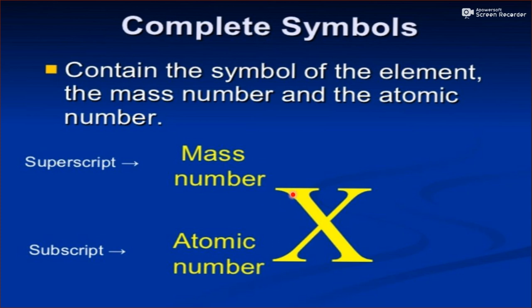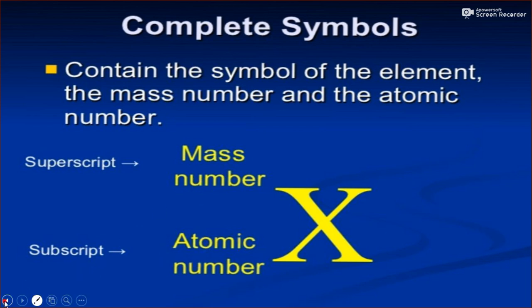So the mass number is to be written at the top. Doesn't matter left or right, but it should be written at top. Atomic number should be written at the bottom. Does not matter left or right, but it should be written at bottom.